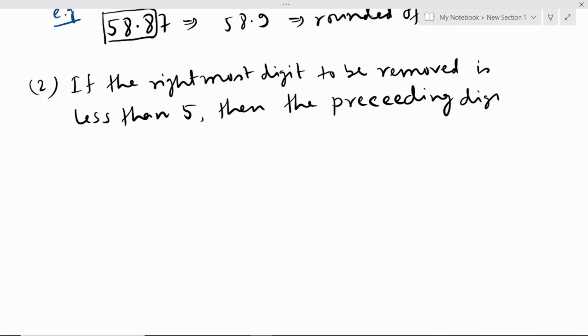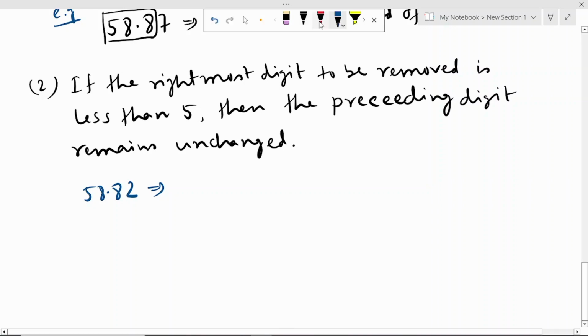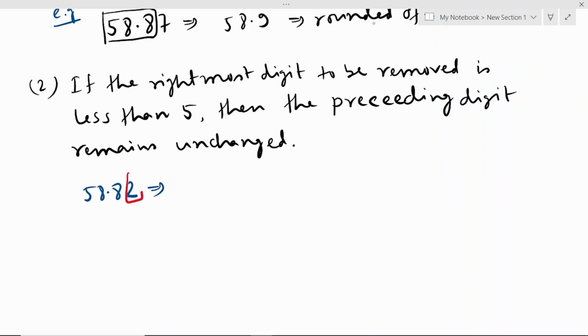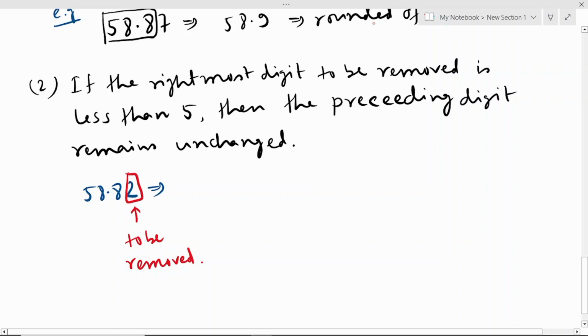Example, 58.82. We have to express it in 3 significant figures. Then the last digit to be removed is 2, which is less than 5. And hence this 8 remains unchanged, and the rounded result would be this.